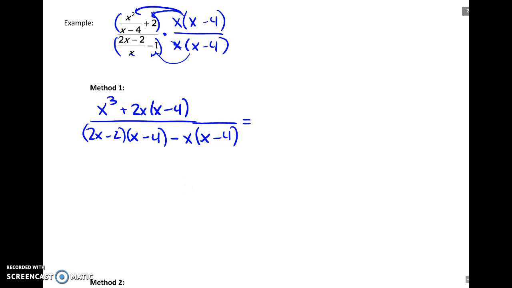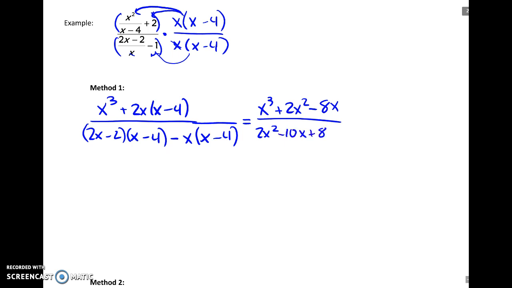Okay, so you have x cubed plus 2x squared minus 8x on top. On the bottom, multiply these two binomials together. You get 2x squared minus 4x minus 8x minus 2x, which is minus 10x. And then plus 8.